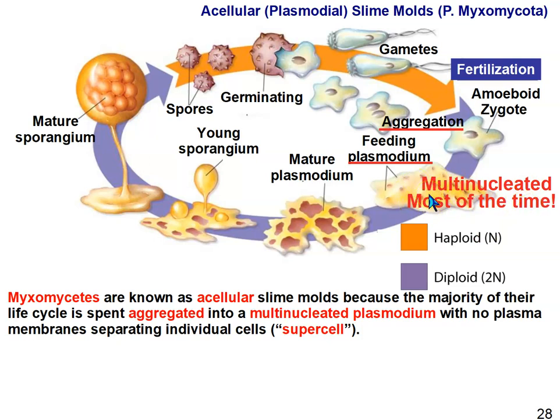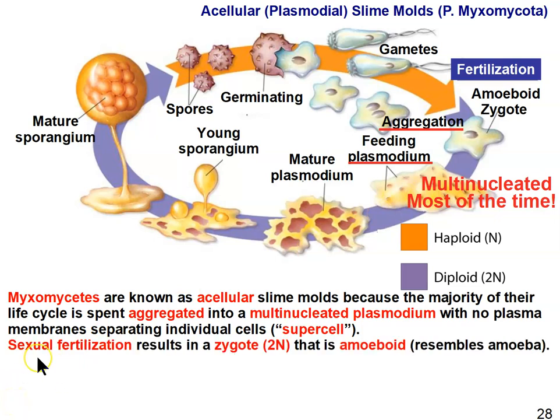So, again, cellular slime molds are single cells most of the time, but in the Myxomycetes, Myxomycota, they spend most of their time as an aggregated, super multinucleated plasmodium, and that's how they live and feed most of the time.